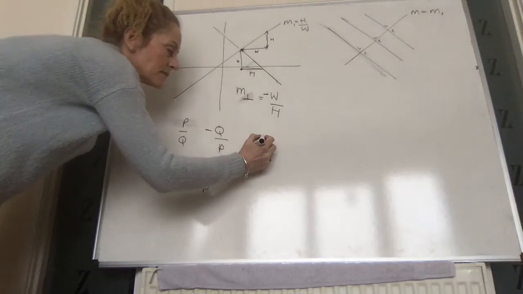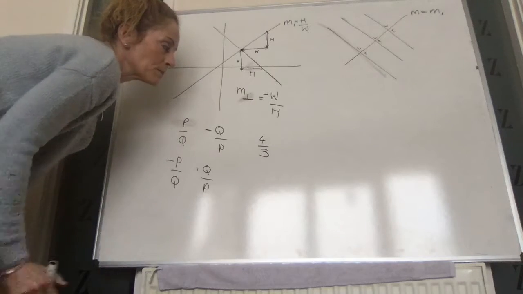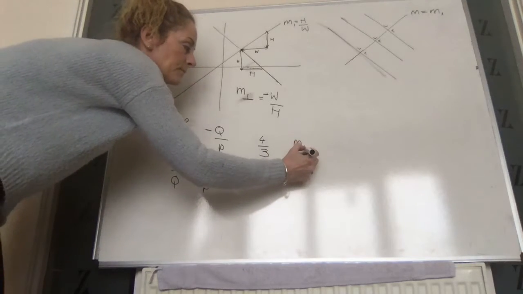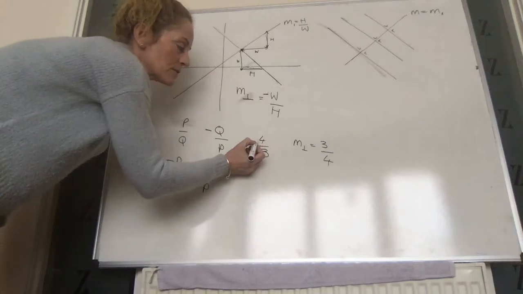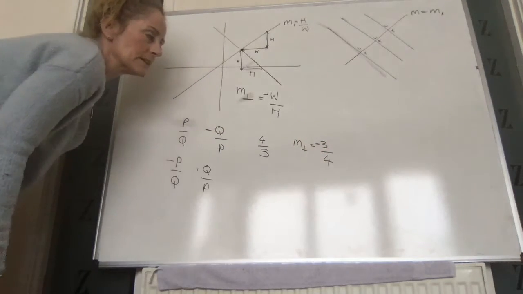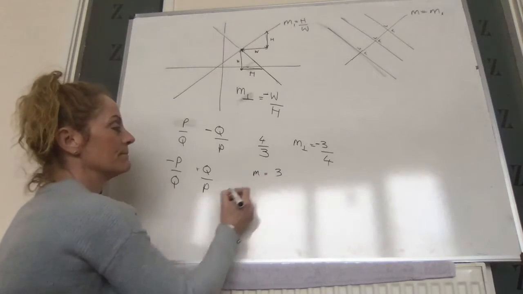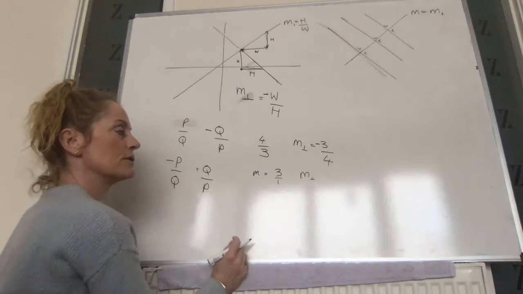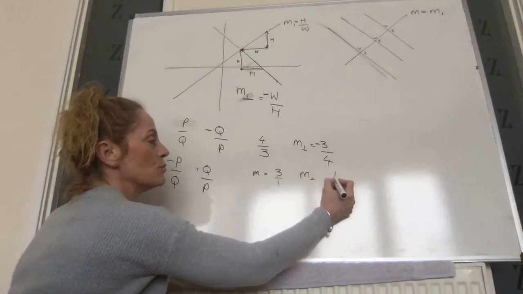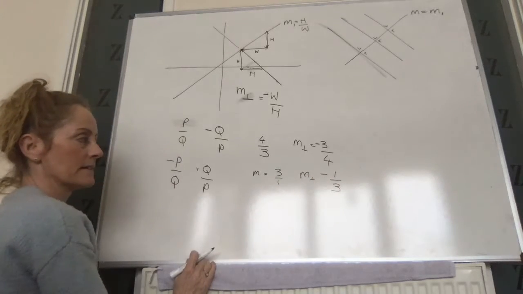An example, if the slope of a line is 4 over 3, then the slope of a line perpendicular will be, get the reciprocal, and because that's plus, we make that minus. If the slope of a line is 3, then the slope of the line perpendicular, well, 3 is really 3 over 1, so it's going to be 1 over 3, and again, because this was plus, this is a minus.